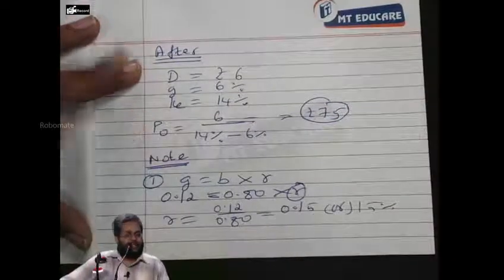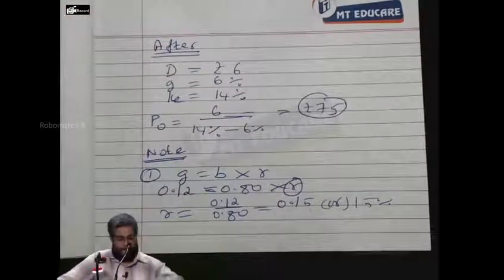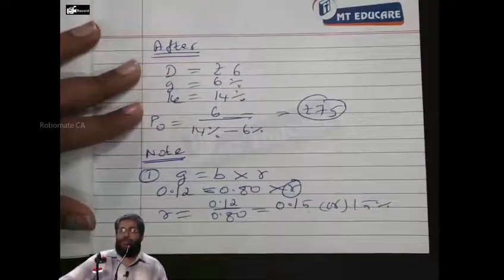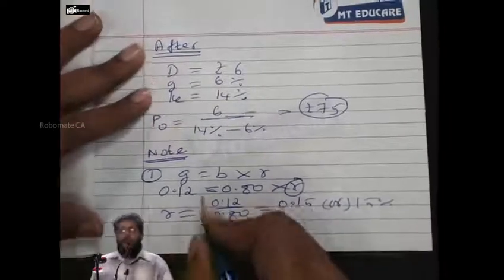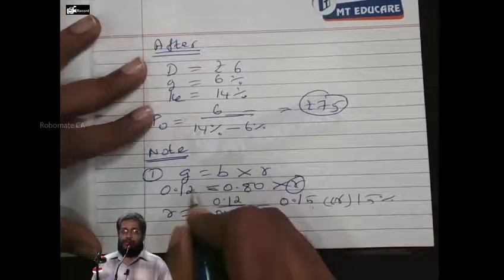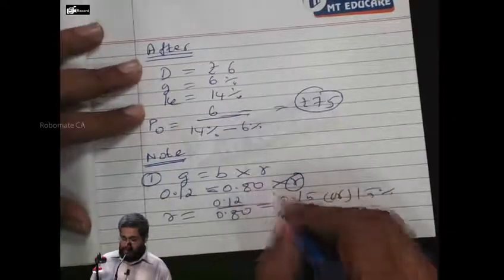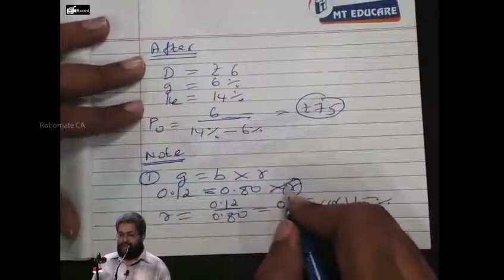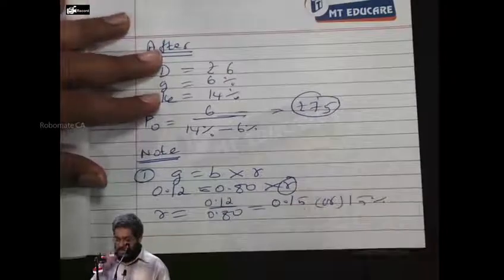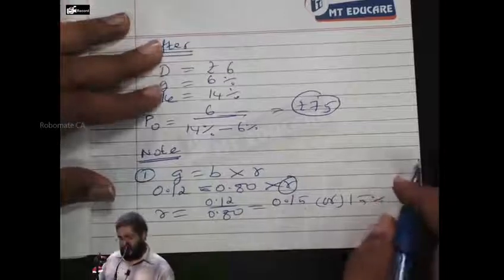Point number 1. G is equal to B into R. What is the growth rate with the founder? 12%. 12% can be written as 0.12, or not? 0.12 is equal to 0.8 into R, where B is 0.8.